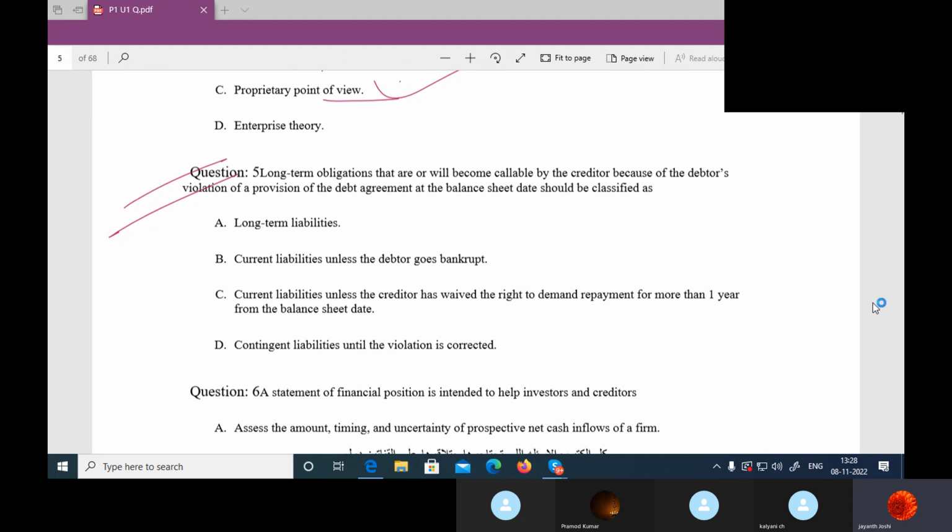See, long-term obligations are long-term liabilities which are more than 1 year. They will become callable by the creditor because of the debtor's violation of a provision of the debt agreement. That means he has not paid, it seems. So what will you call it?